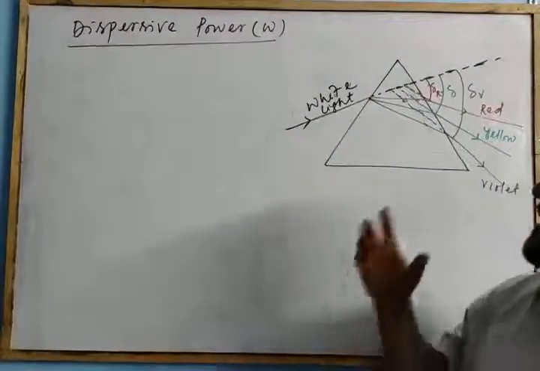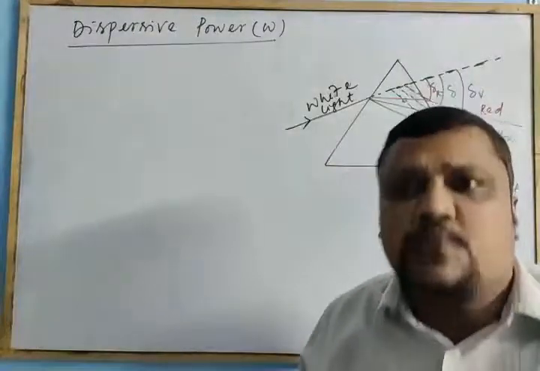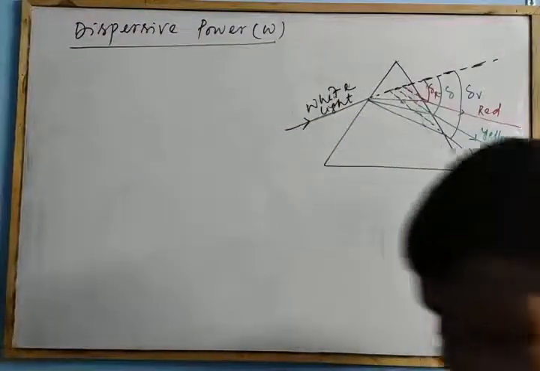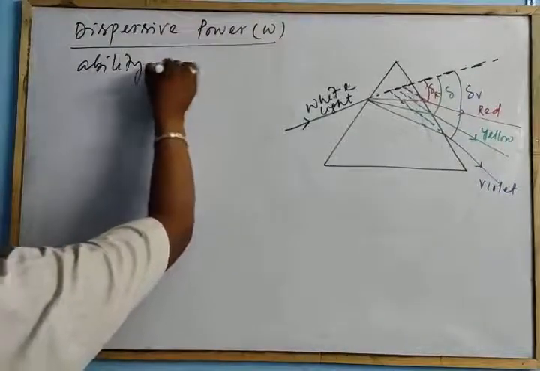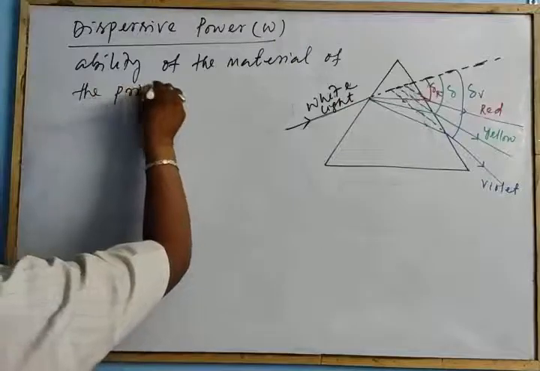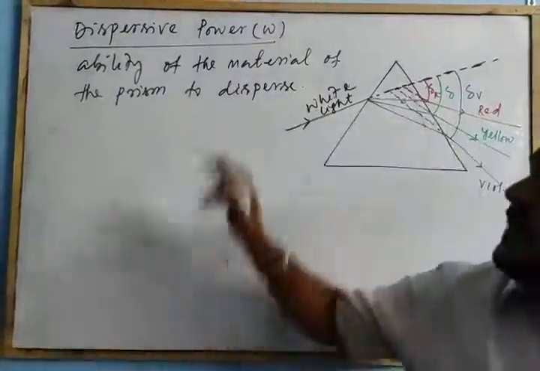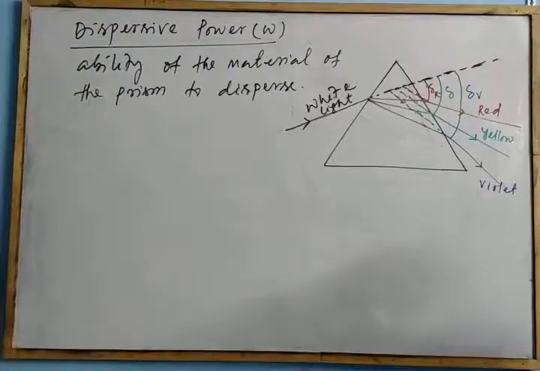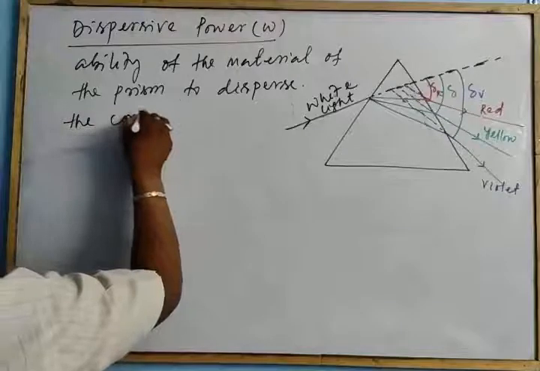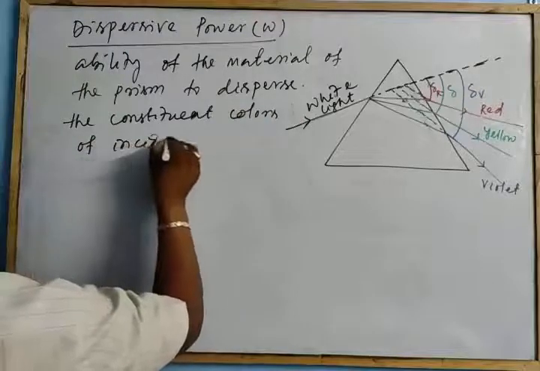It is the ability of the material of the prism to disperse, to split the constituent colors of incident light.